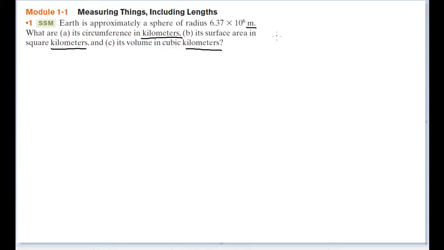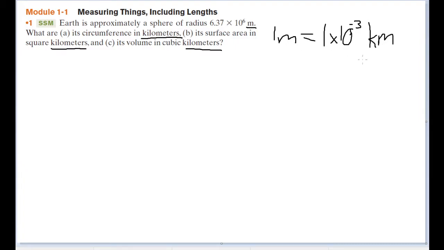Well, as I hope you know, there are 1,000 meters in a kilometer. So therefore, 1 meter is going to be equal to, and I'm going to add the 1 times just for the sake of the order of magnitude, 1 times 10 to the negative 3 kilometers.